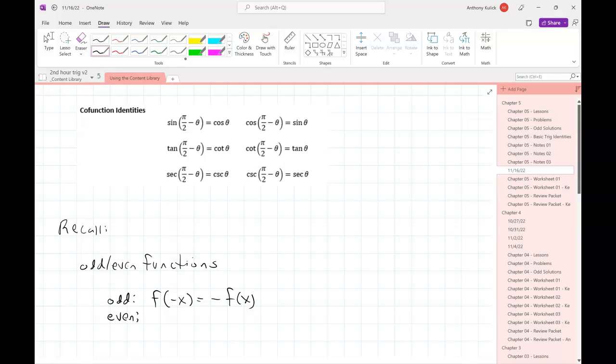Even functions have this property, f of negative x equals f of x. And remember in chapter 3 when we talked about the graphs for sine, cosine, and tangent, we identified that sine and tangent were odd functions and cosine was an even function.